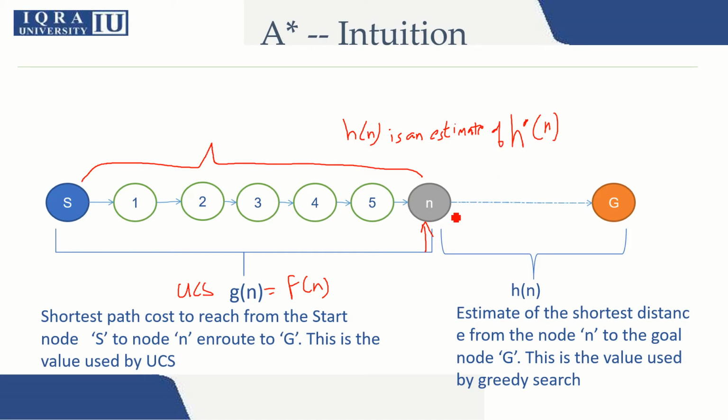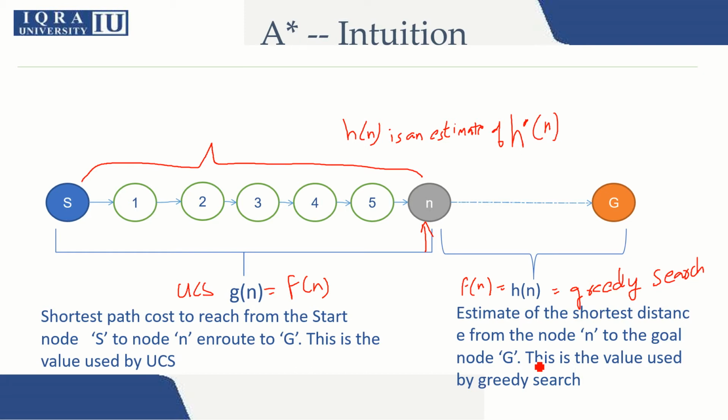And who uses this estimate? You are right, this estimate is used by greedy search. The estimate of the shortest distance from node N to the goal node G is the value used by greedy search.